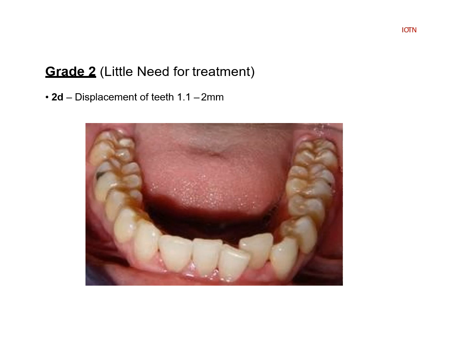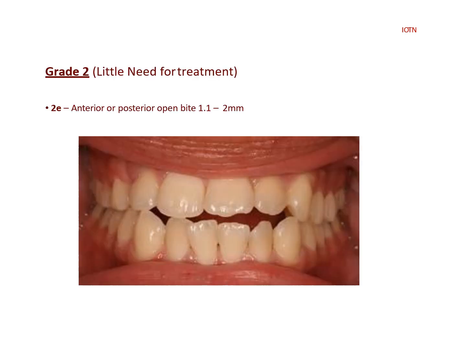Grade 2, 2D, means displacement of teeth of about 1.1 to 2 mm, so a minor displacement. 2E, anterior and posterior open bite. You see here open bite where the maxillary and mandibular teeth are not occluding. If the open bite is about 1.1 to 2 mm, that comes under grade 2, that is 2E.